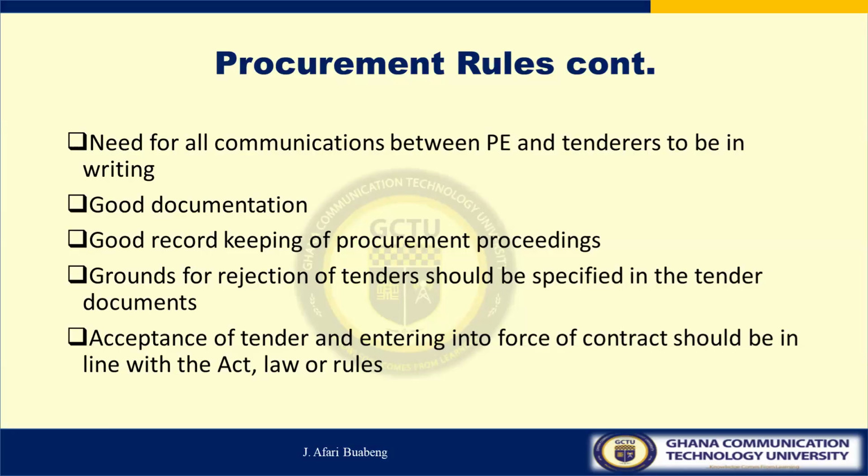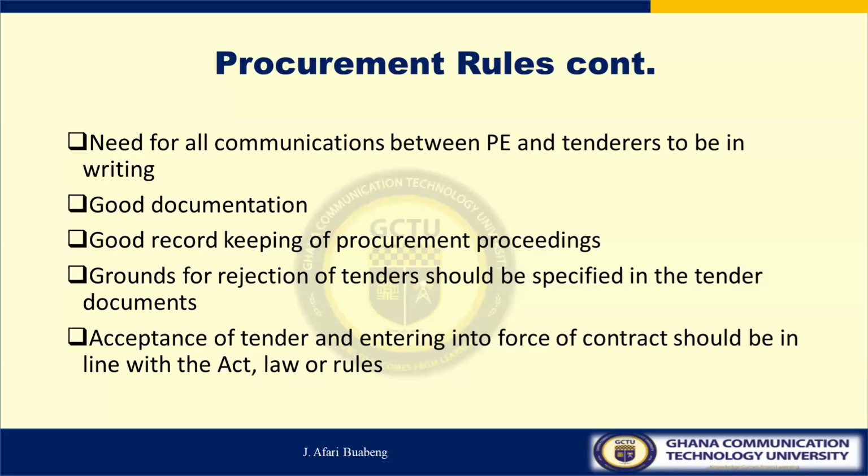is highly recommended. And then again, grounds for rejection of tenders should be specified in the tender document. So if you are going to reject tenders, the basis for the rejection must be stated in the tender document.